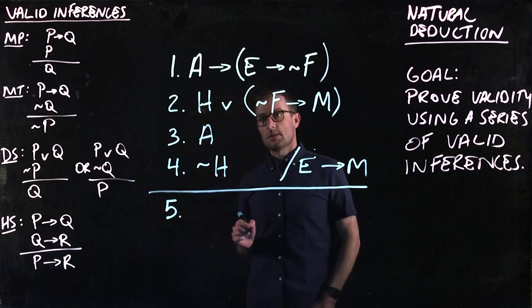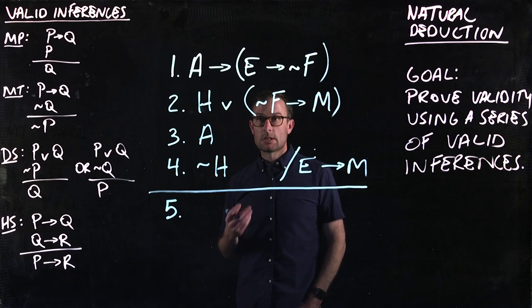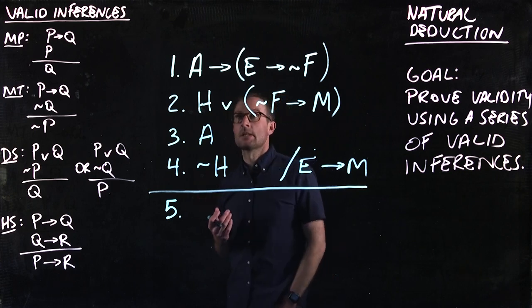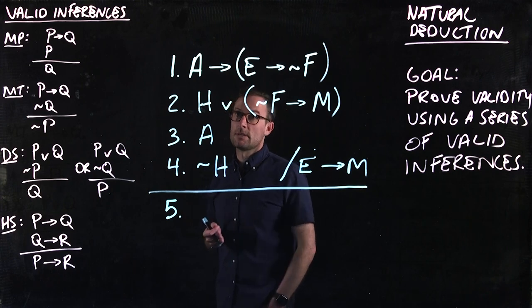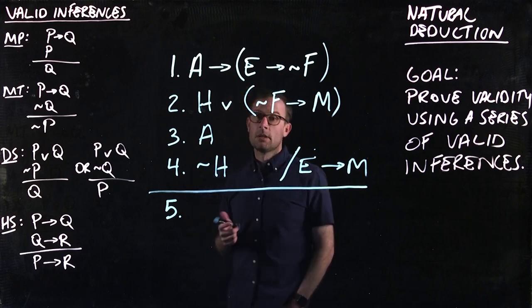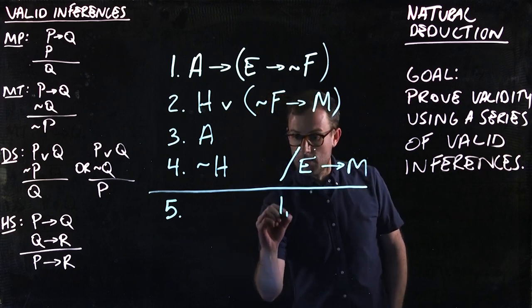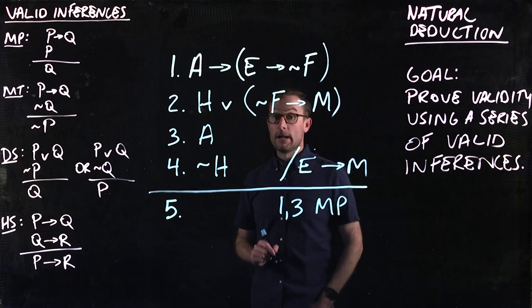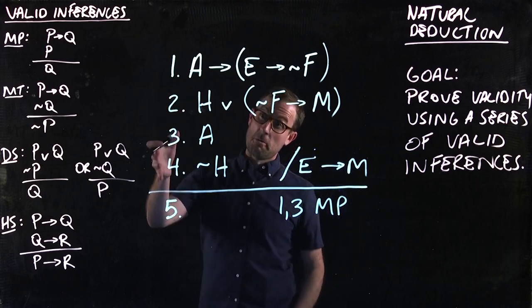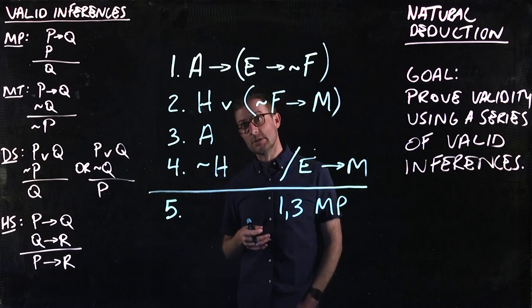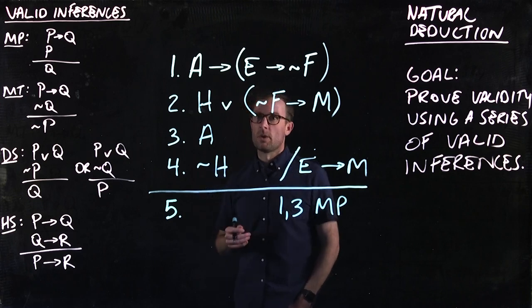All right, so it looks like we can start with at least 2 different inferences here. I see that with 1 and 3, there is a modus ponens inference that can be done. I also see that with 2 and 4, there's a disjunctive syllogism that can be done. But I'll just start with 1 and 3.